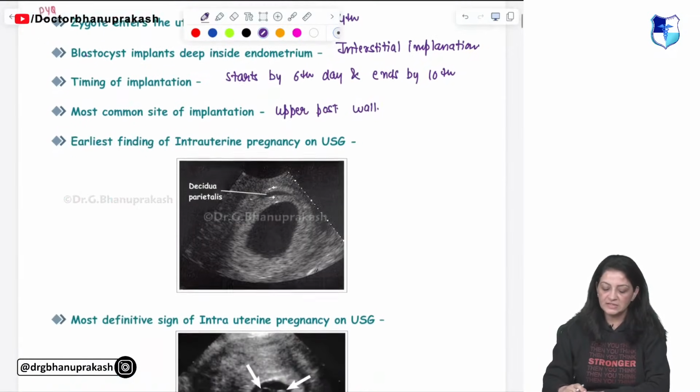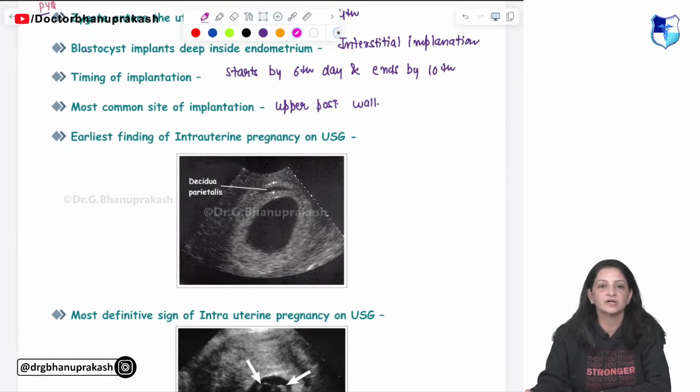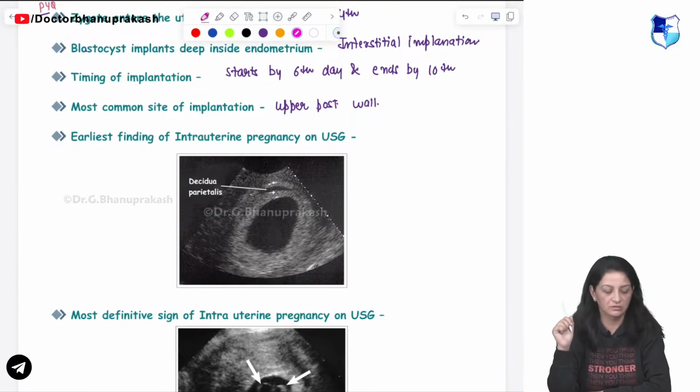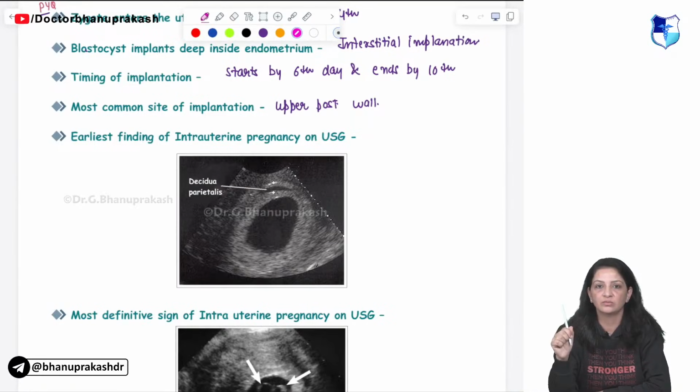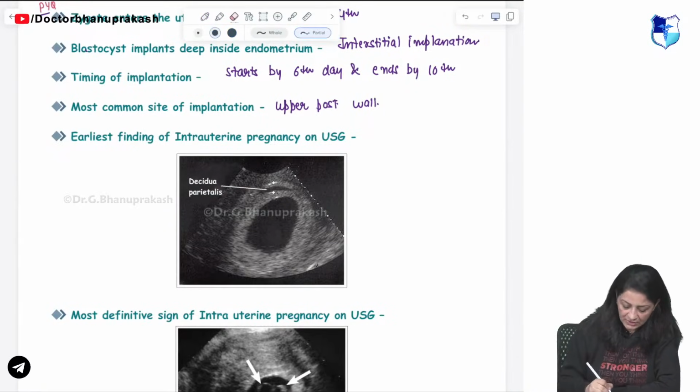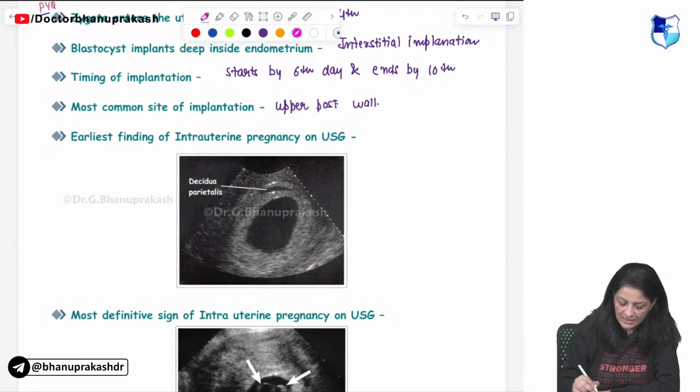So what is the first sign of pregnancy on ultrasound? The first structure on ultrasound is the intradecidual sac sign.